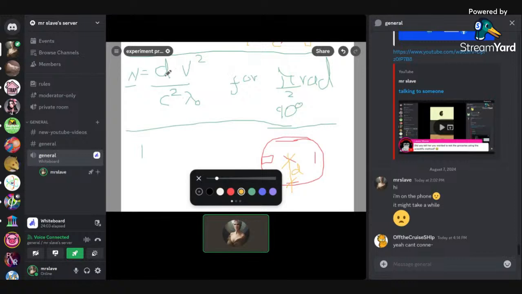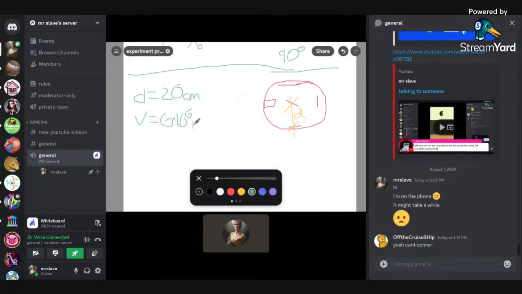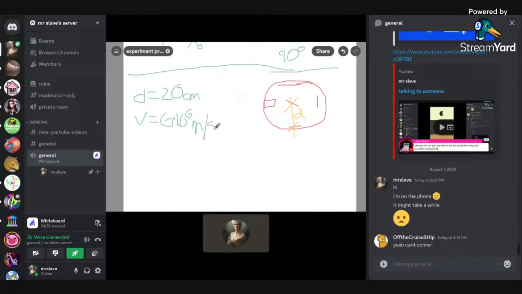Let's just plug in some D. Let's say D is equal to, I'm assuming, 20 centimeters from what I saw. Okay, that's D. V is about 6 times 10 to the 6 meters per second.